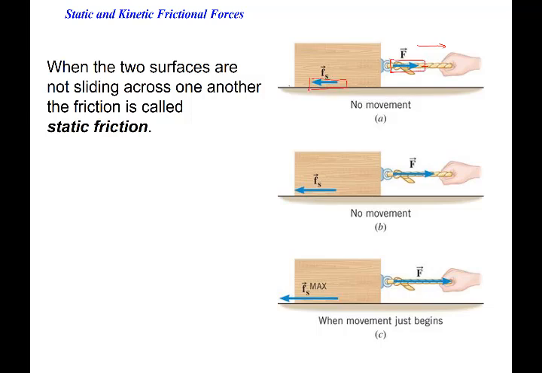At this time they are equal because the object is still not moving, so our applied force is equivalent to the force of static friction. Then he increased the force again, but it's still not moving. The static friction is still opposing the motion, and the applied force is still equivalent to the force of friction.